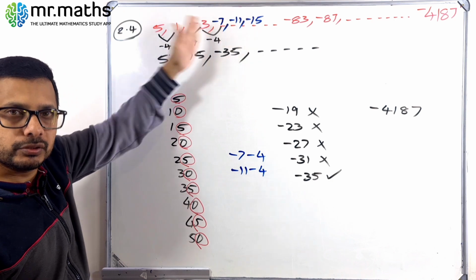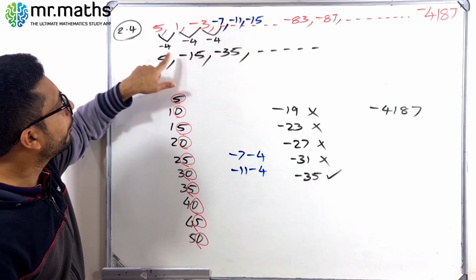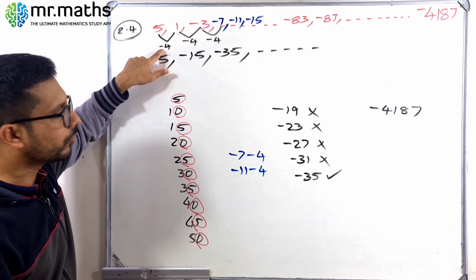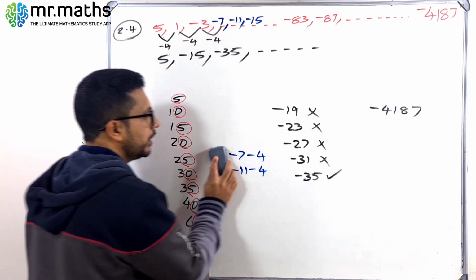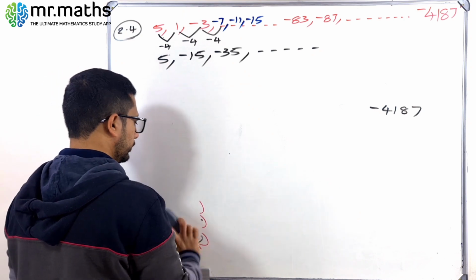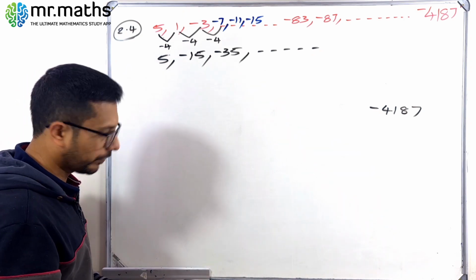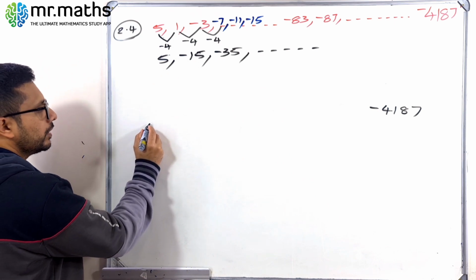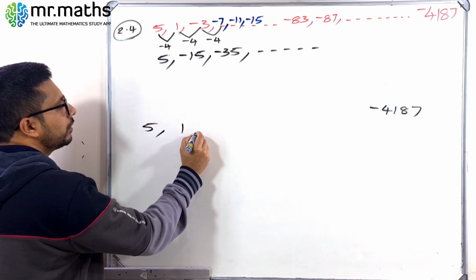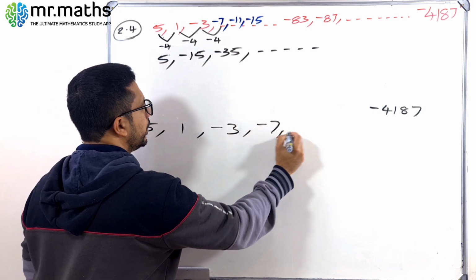So how can I find going to this side? So what I'm trying to say is, here our sequence is 5, 1, minus 3, minus 7, etc.